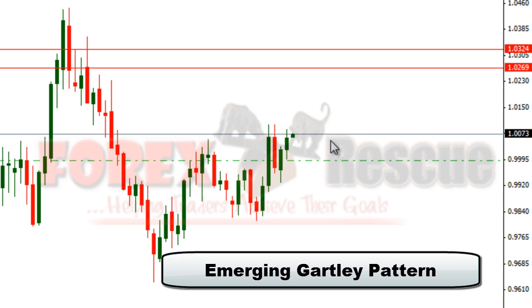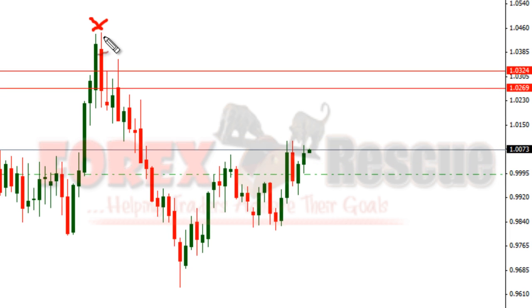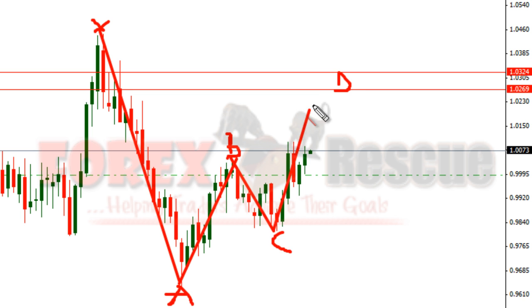Now, let us draw our emerging Gartley pattern. This is point X. This is point A. This is B, this is C, and this area here, our potential reversal zone, is point D. Now, connecting them together, this is the XA leg, the AB leg, the BC leg, and the CD leg.